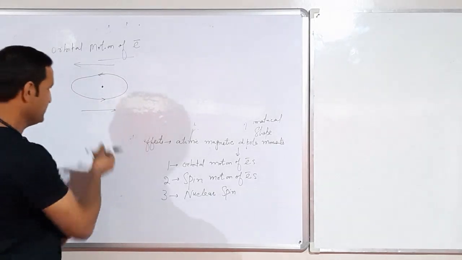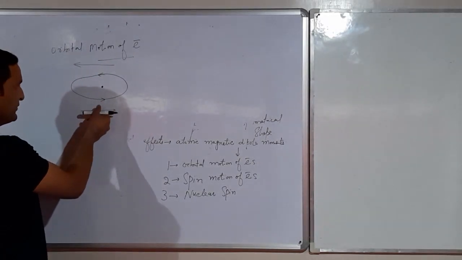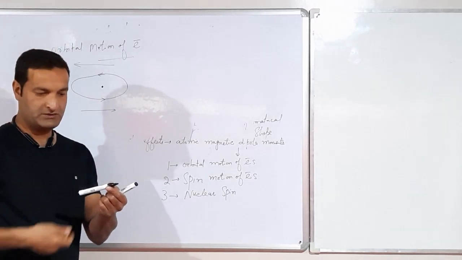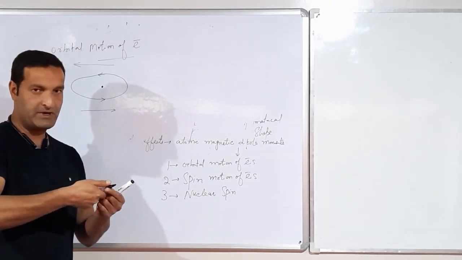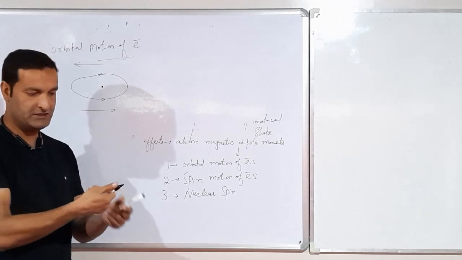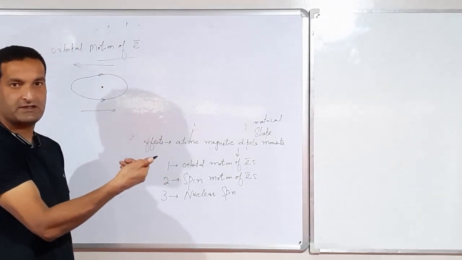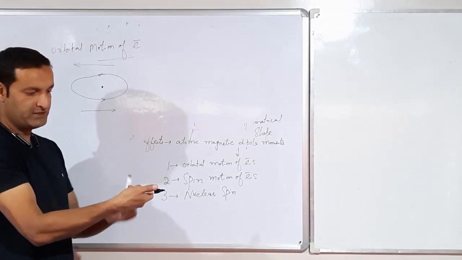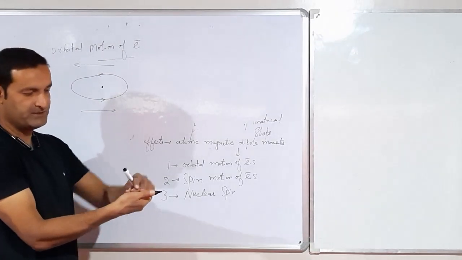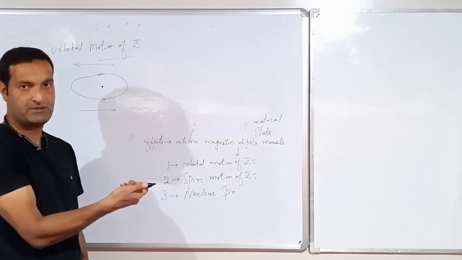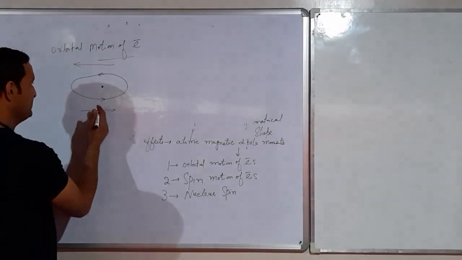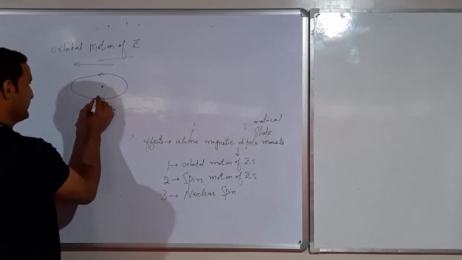By the right-hand rule we can find the direction of the magnetic field. If the thumb represents the direction of the electron in a circular orbit, the curl of the fingers will represent the direction of the magnetic field.